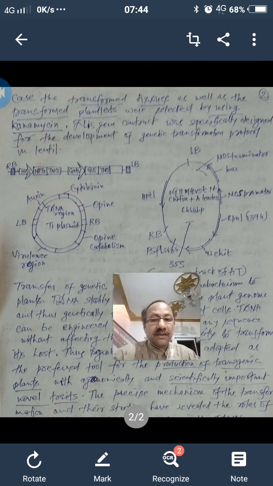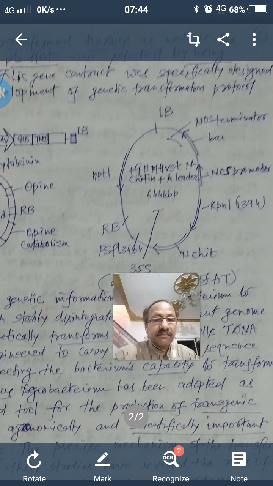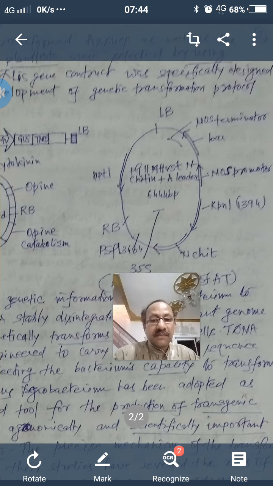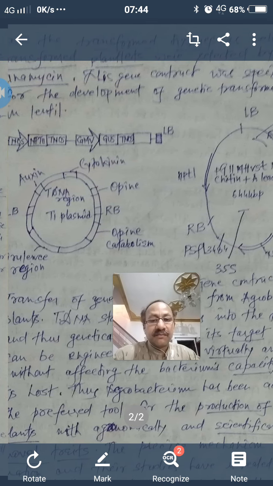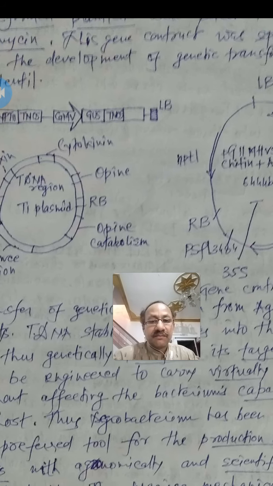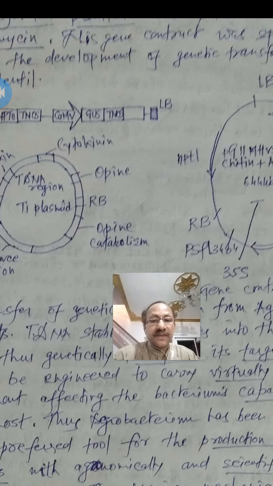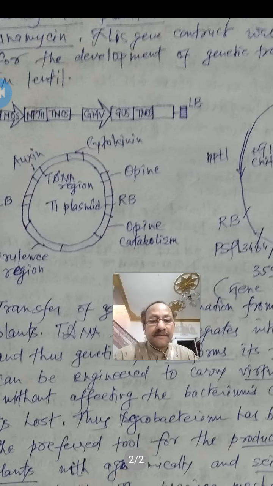So you see the constructs are here. For example, the sites are mentioned here to be participated. The genetic sequence and the sites are mentioned here.